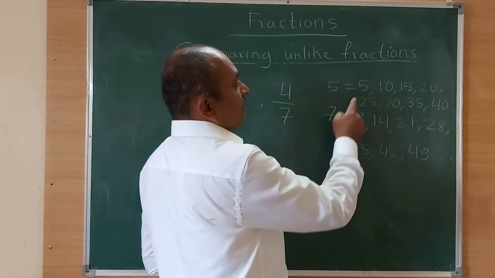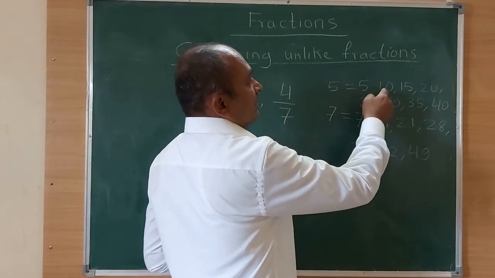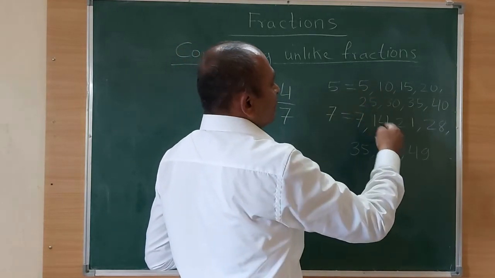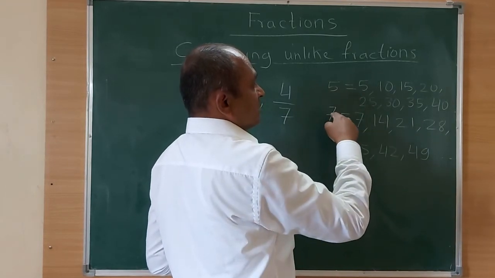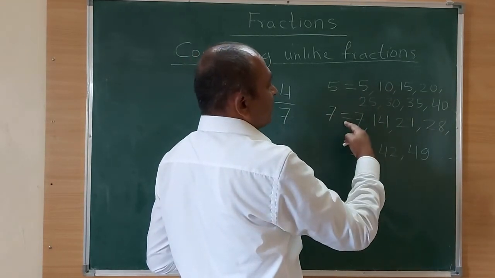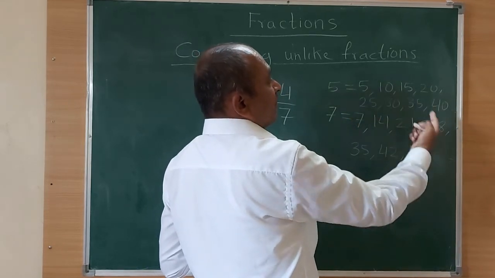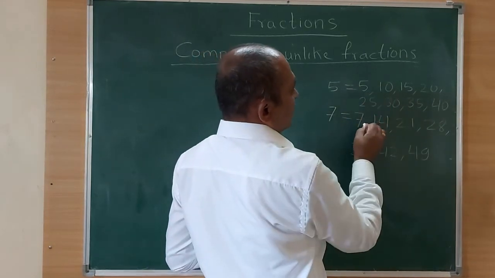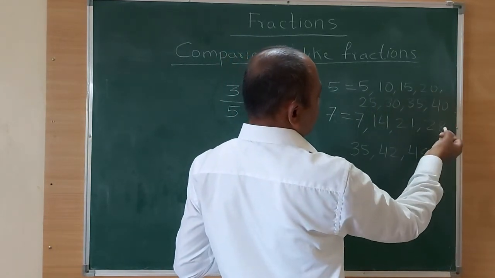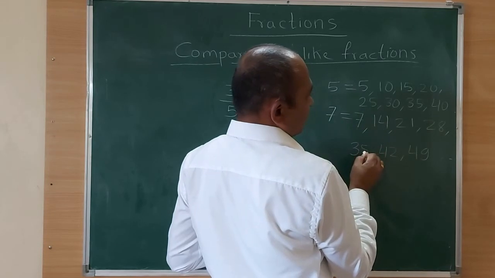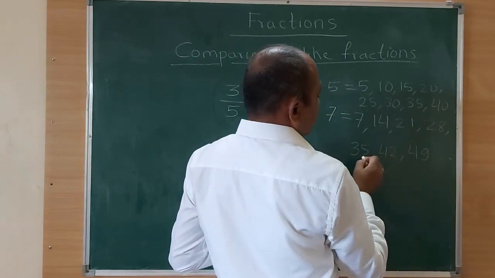Now see here, we have to find out which is the common multiple in both the numbers. For 5 and 7, which is the multiple which comes in the multiples of 7 also, and which is also a multiple of 5. 5 is there, no. 10, no. 15, no. 20, no. 25, no. 30, no. 35, yes.